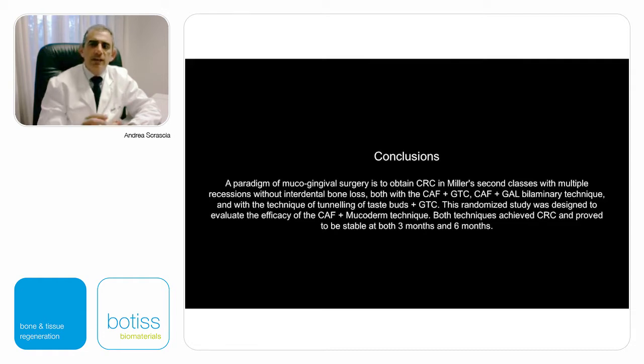This randomized study was designed to evaluate the efficacy of the CAF plus Mucoderm technique, and we can say that both techniques achieve the complete coverage of the roots and prove to be stable at both 3 months and 6 months. Thank you so much for your attention. Thank you.